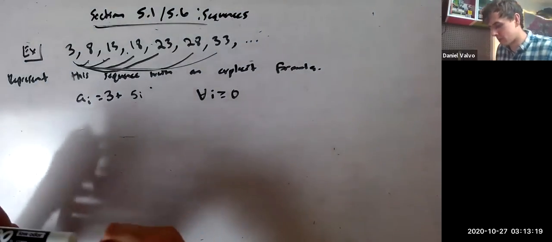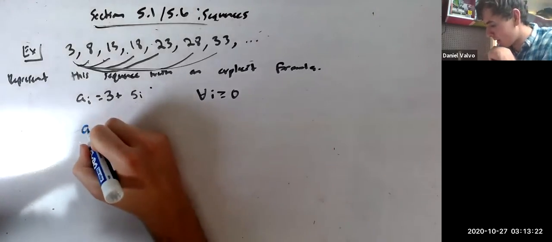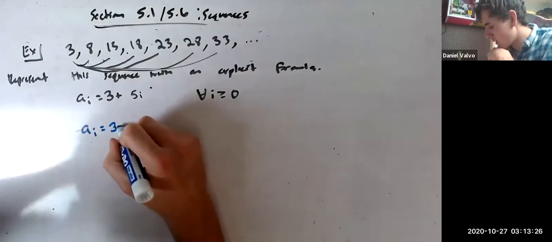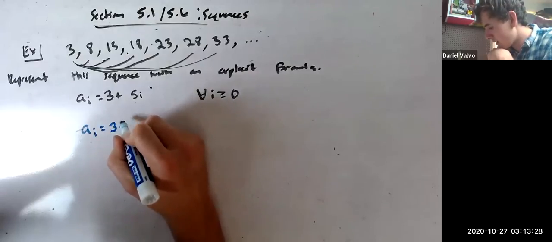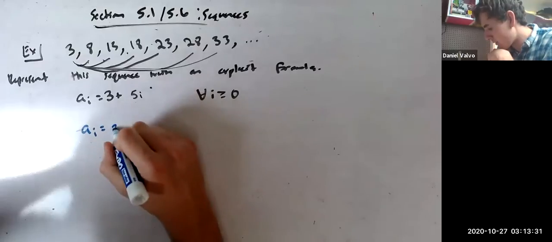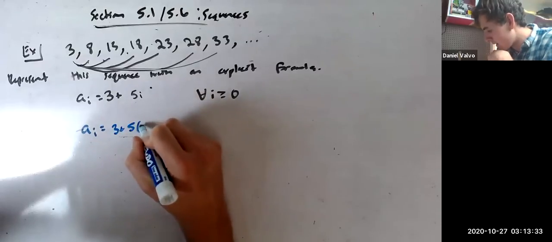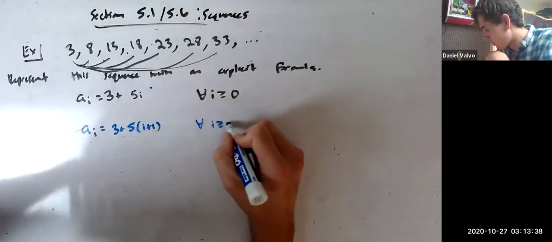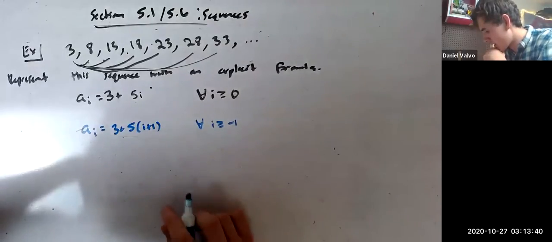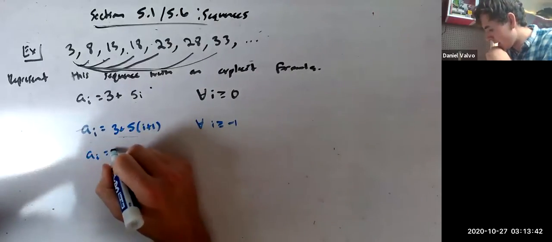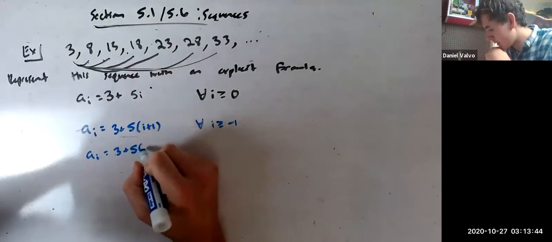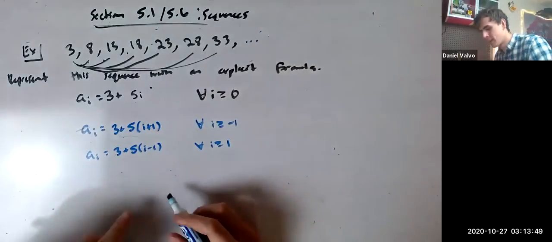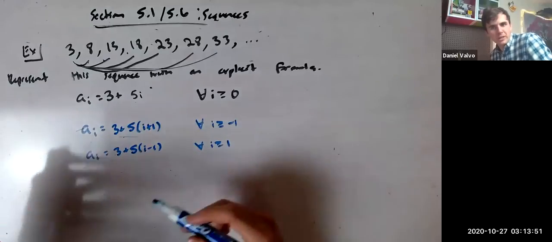For example, an alternative would be a_i equals 3 plus 5 times (i plus 1) for all i greater than or equal to -1. Or we could have a_i equals 3 plus 5 times (i minus 1) for all i greater than or equal to 1. If you work those out, you'll see that these represent the same sequence.